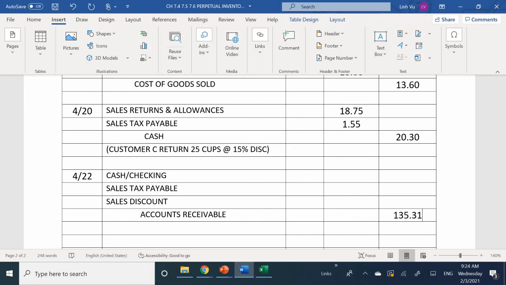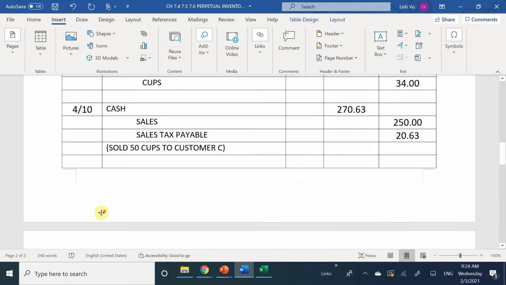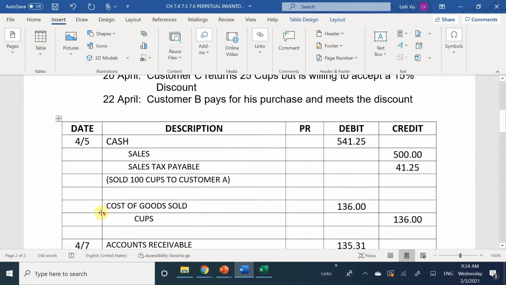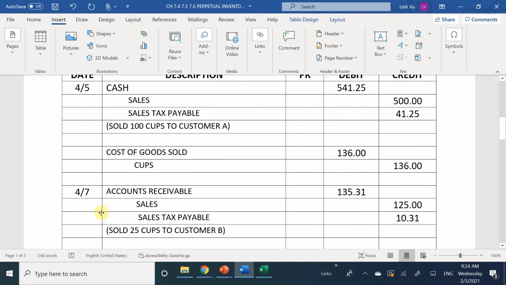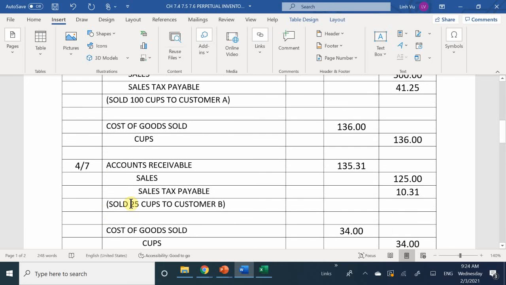What is going to be my discount amount? $13.53.